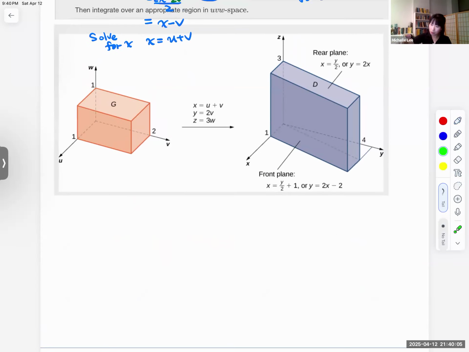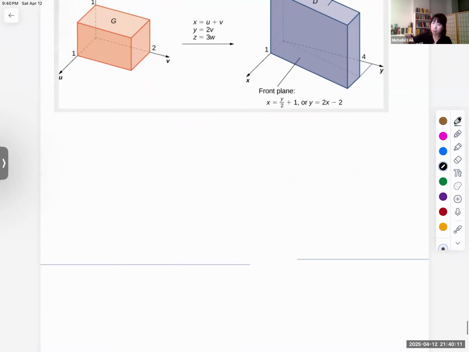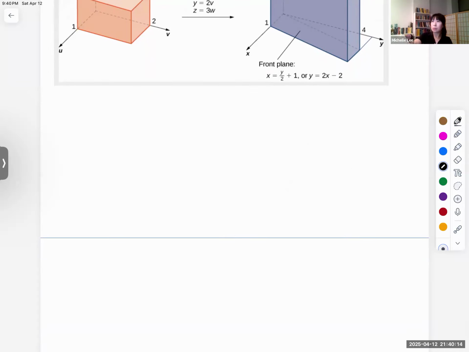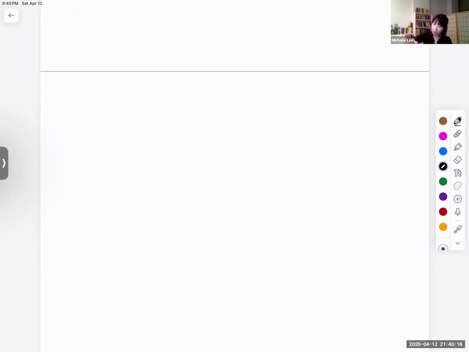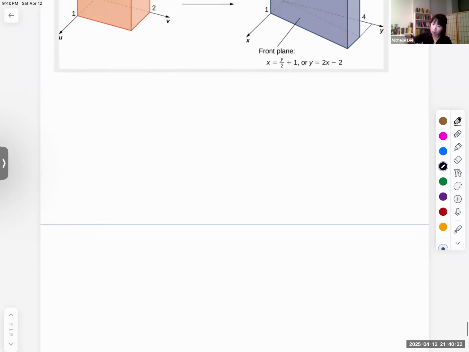Okay, so let me make a table like the book did. So here's a nice picture. I need more space.